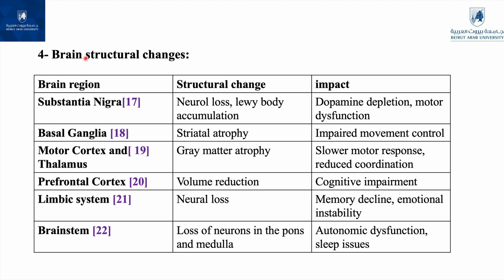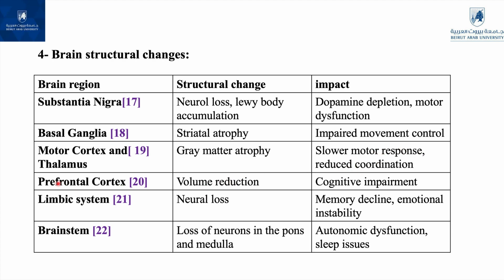Now regarding the brain structural changes, the neural loss and Lewy body accumulation in the substantia nigra leads to dopamine depletion and motor dysfunction. However, the striatal atrophy in the basal ganglia causes impaired movement control. Moreover, the gray matter atrophy in the motor cortex and thalamus slows motor response and reduces coordination.